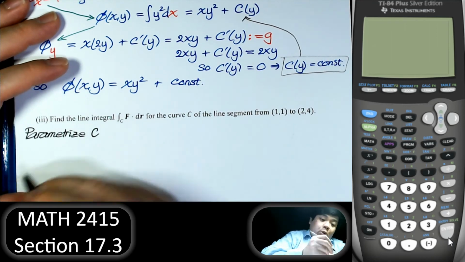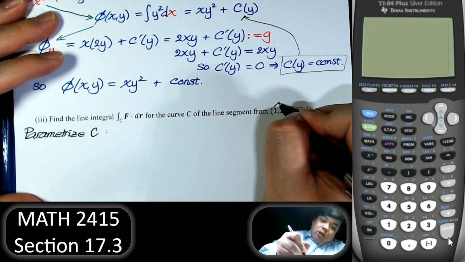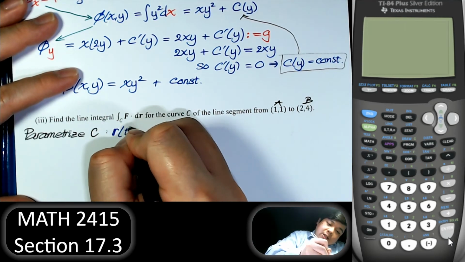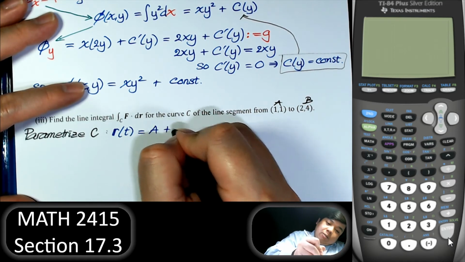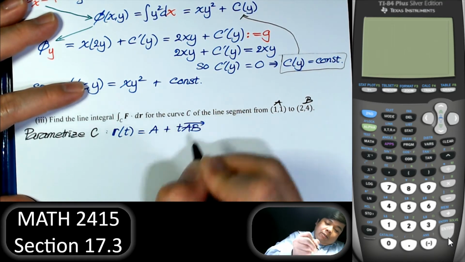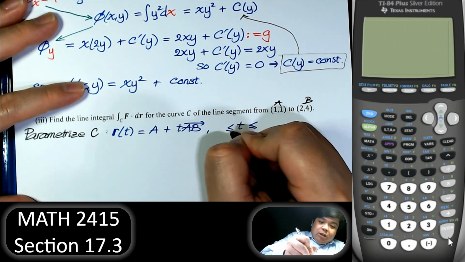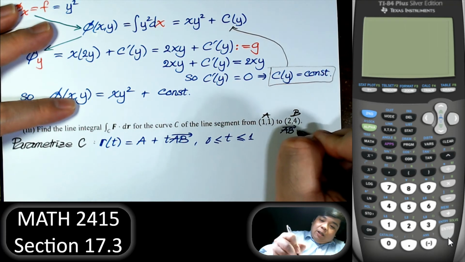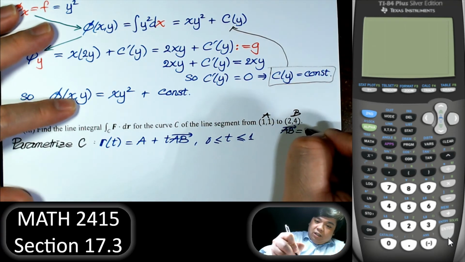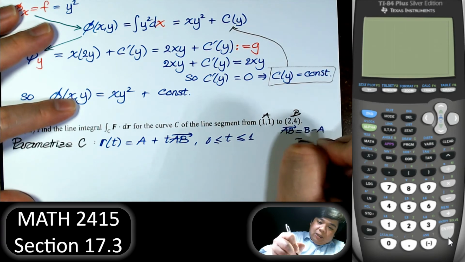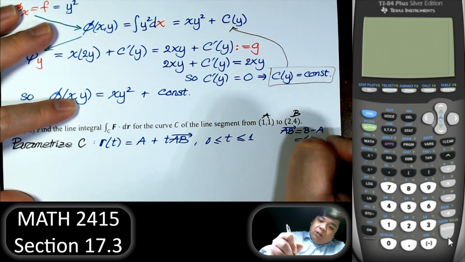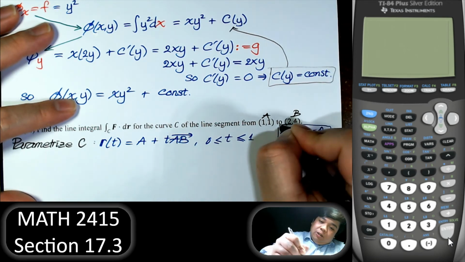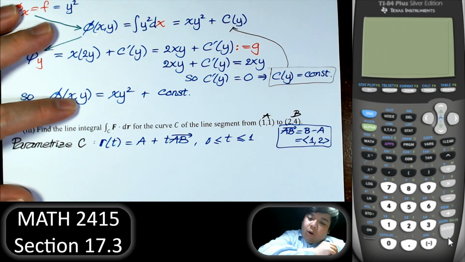So parameterize C, the curve between 2 points. r(t) equal to A plus t times AB, where t is between 0 and 1. Vector AB is B minus A: 2 minus 1, 4 minus 2... four minus 1, right?